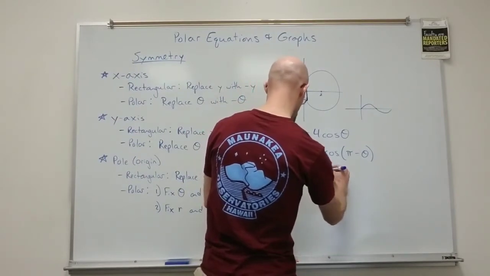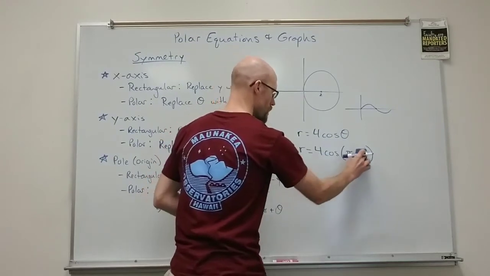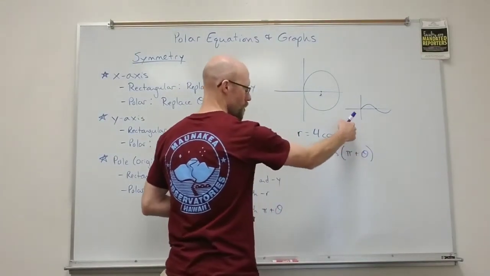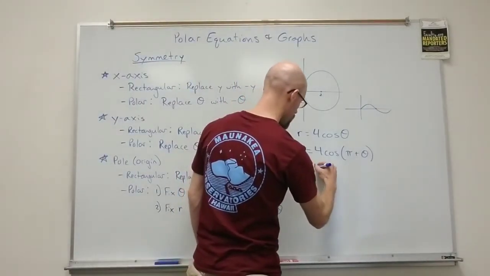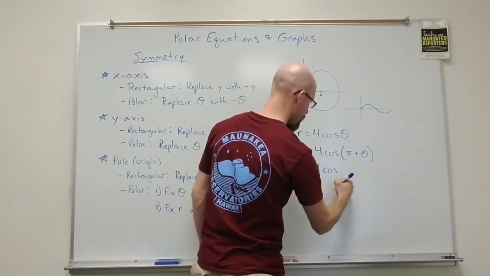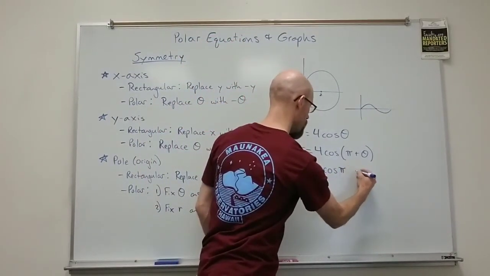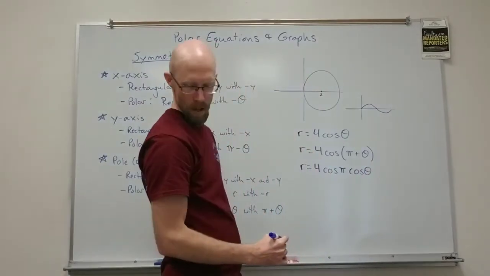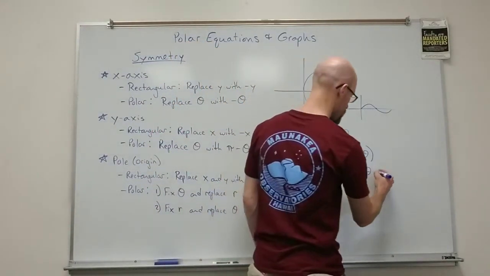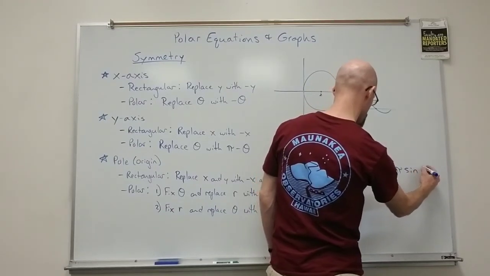If I replace the original theta with pi plus theta, then I use the sum formula, which is the cosine of the first angle times the cosine of the second angle, minus the sine of the first times the sine of the second.